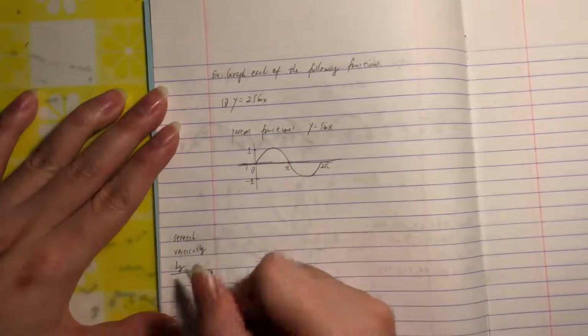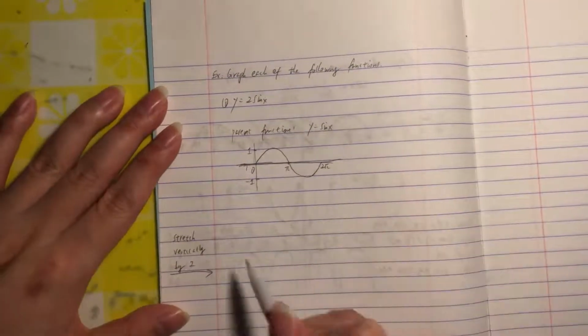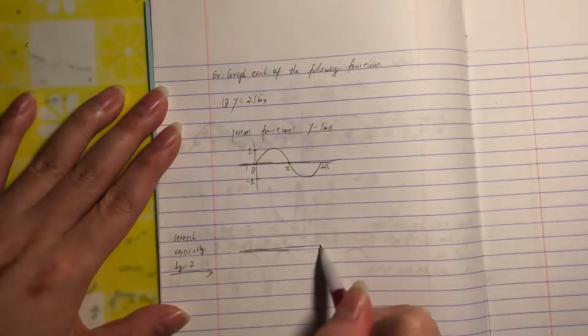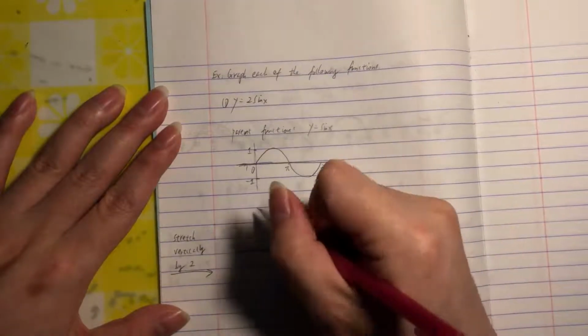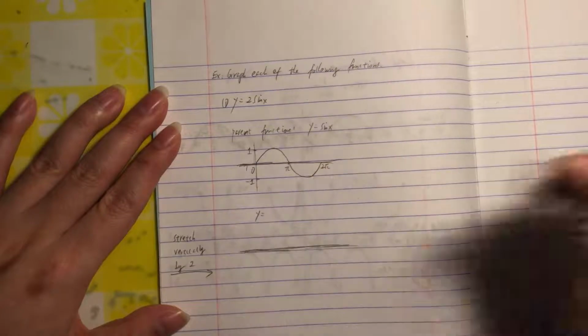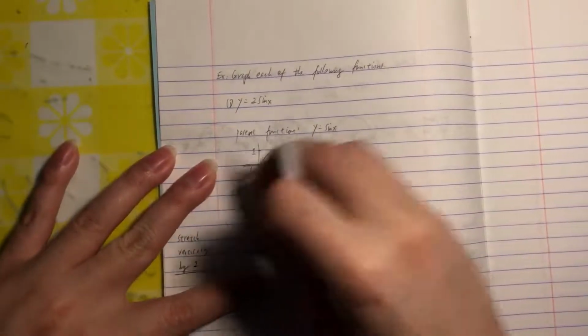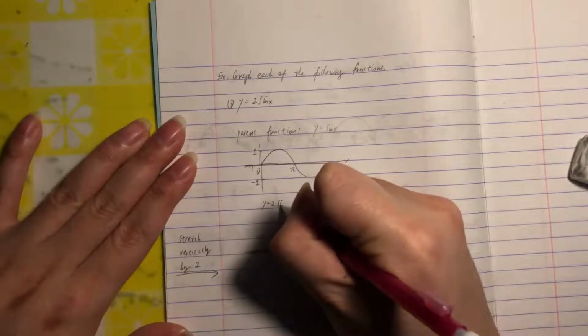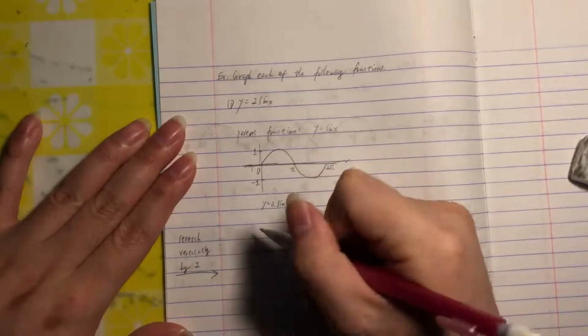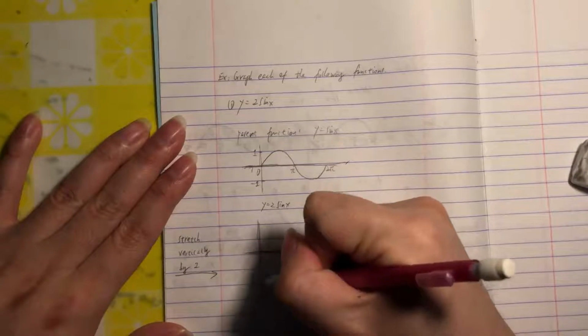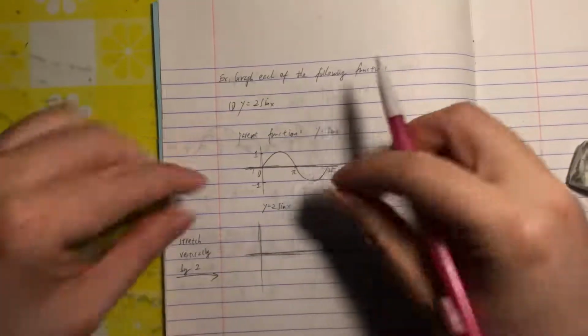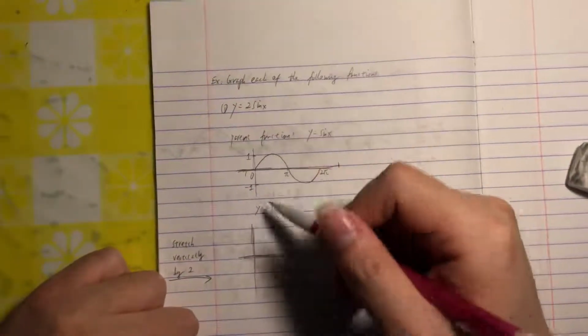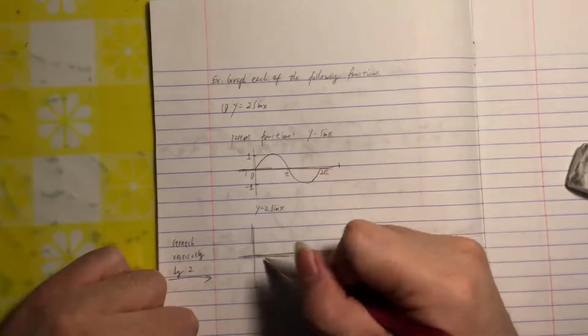Stretch the graph vertically by a factor of 2. We get a function y equal to 2 sine x. If I stretch the graph vertically, the maximum was 1, now it becomes 2.